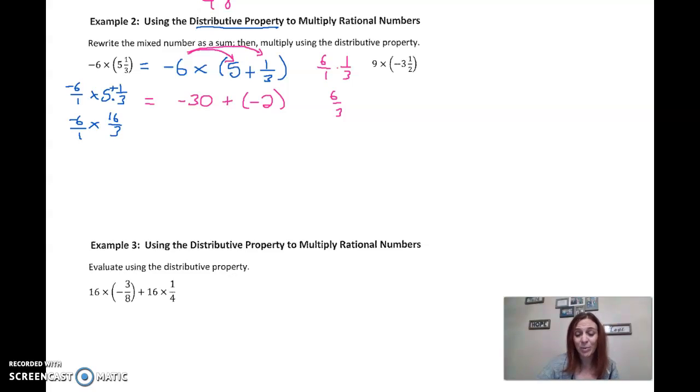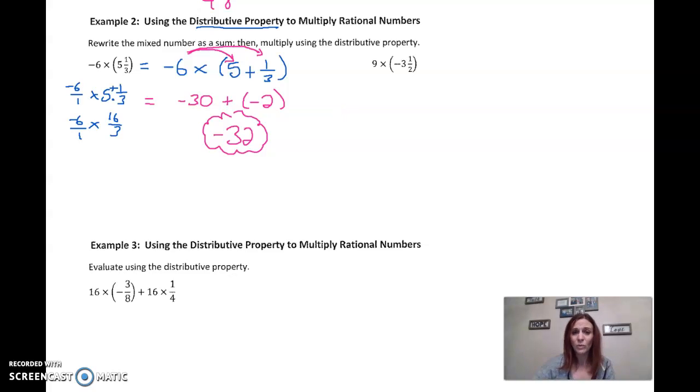A negative plus a negative is not a positive. Think of the number line. If I go down to negative 30, and then I go down 2 more, I'm at -32. That is so much easier than trying to figure this out. Would we get to the same answer? Absolutely. Way easier rewriting it using the distributive property.